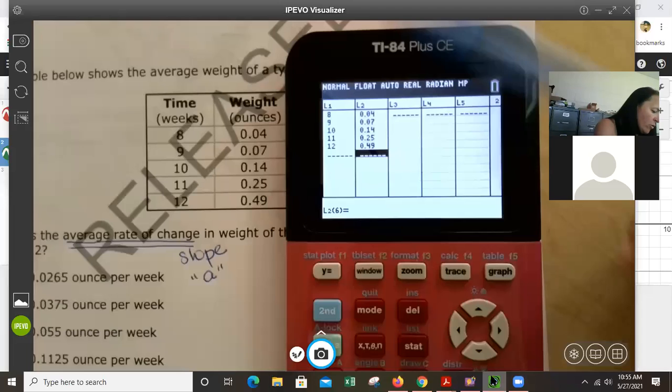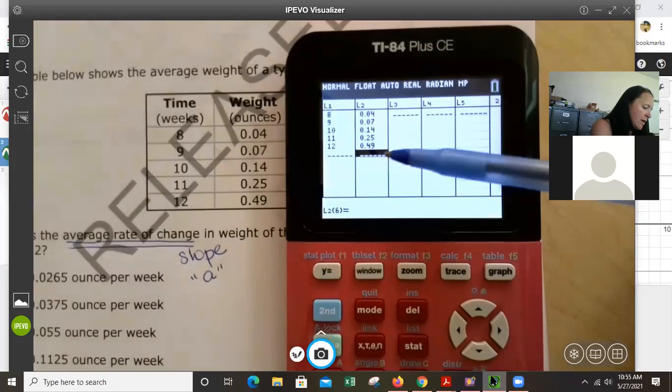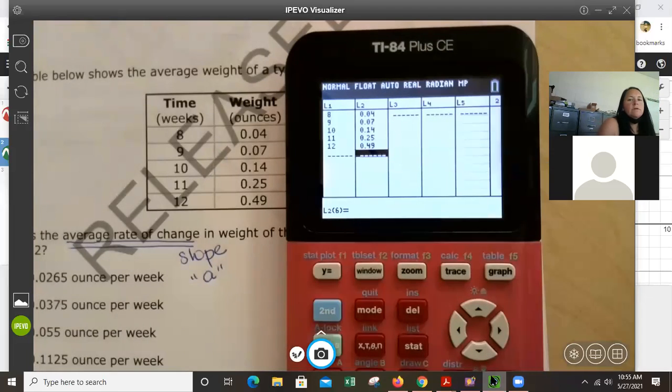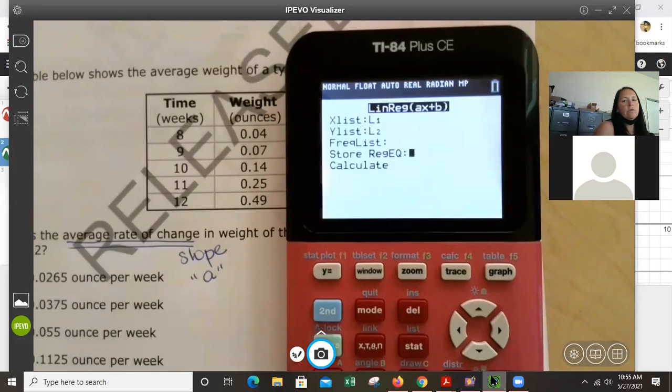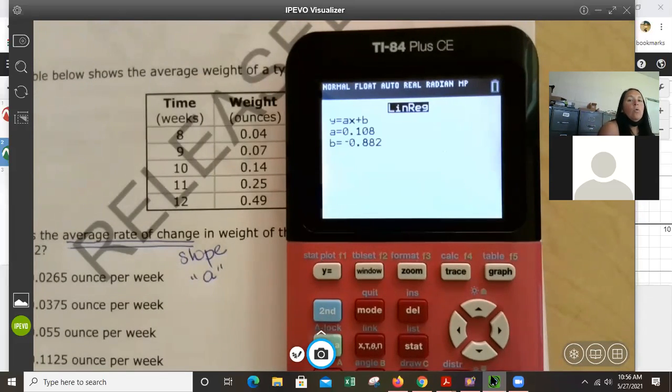Check them. We're going to go over to stat, calc, and linear regression. Anytime it's average rate of change, it's slope, and we're looking for A. Our A is 0.108.